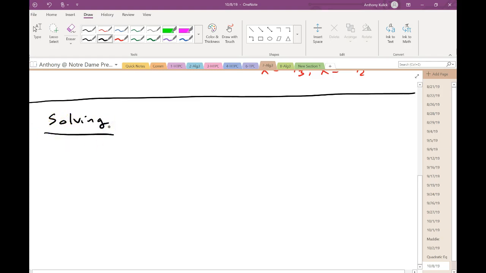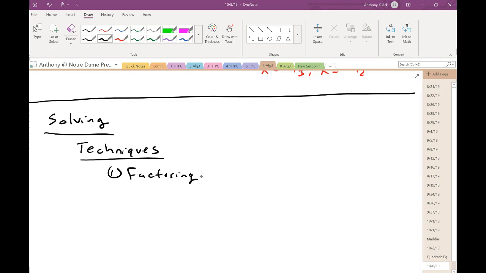Okay. So we're still talking about solving. And we've talked about factoring as our lone solving technique to this point. Today we're going to add two more solving techniques to our arsenal.